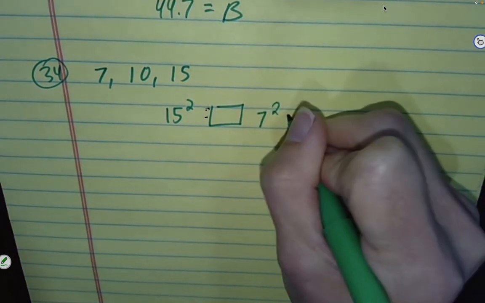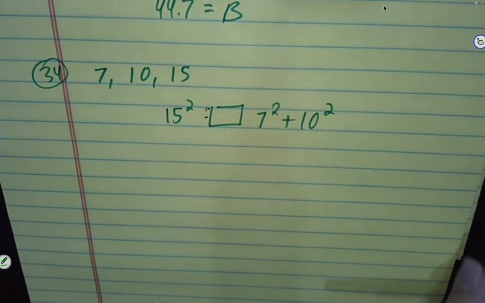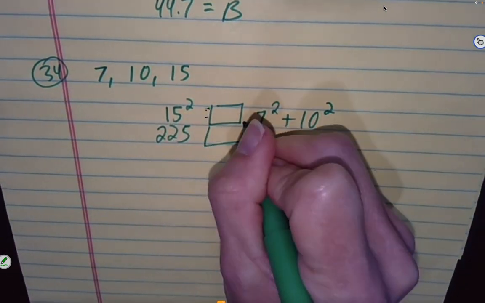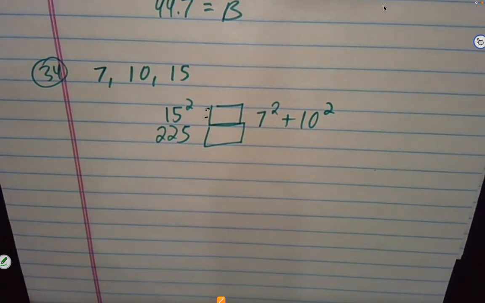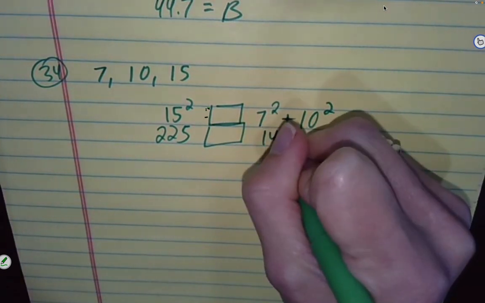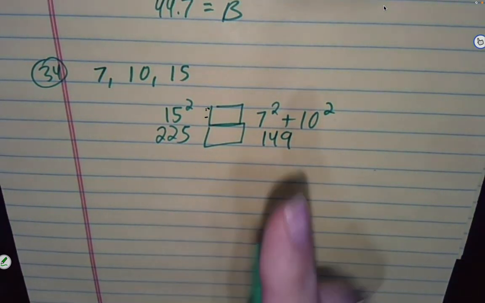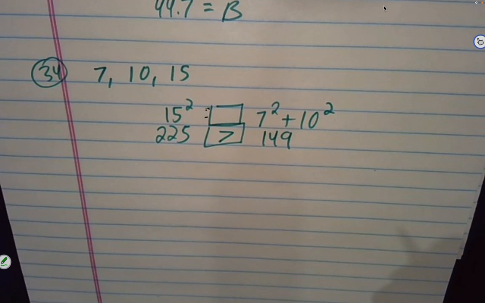So I add 7 squared and 10 squared over here. So 15 squared is 225. And if I add 7 squared and 10 squared, I get 149. So I know that 225 is bigger than 149.